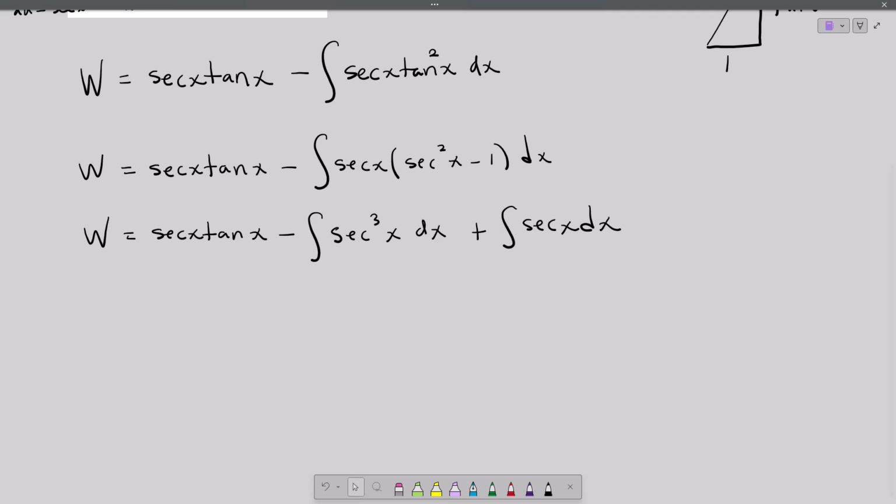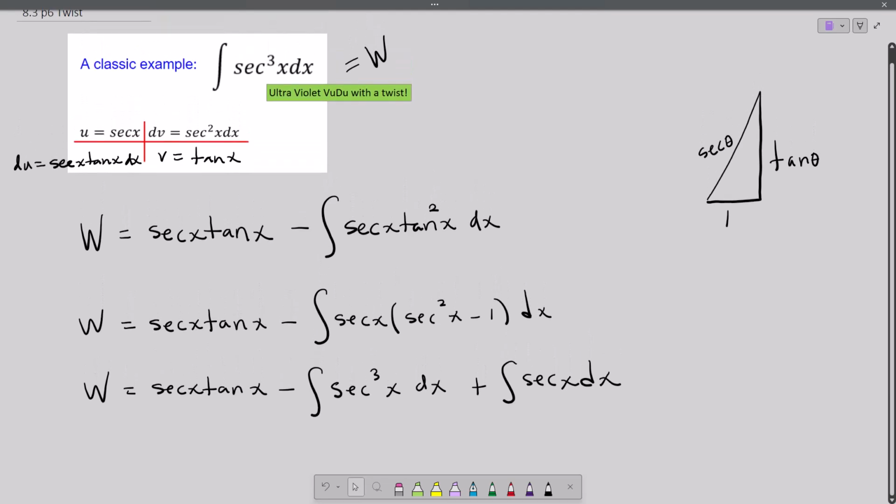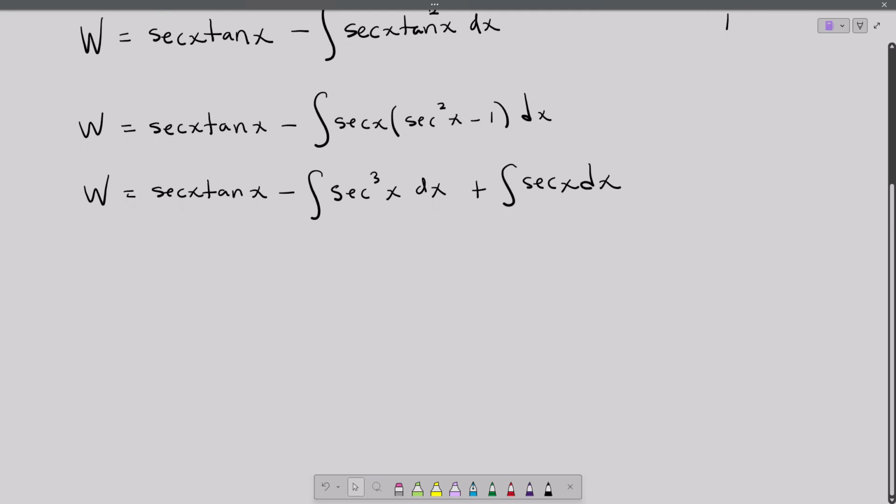So on the right, what is this middle term? W. Right, we just said w is the integral of secant cubed. So there's an integral of secant cubed. So we have minus w.